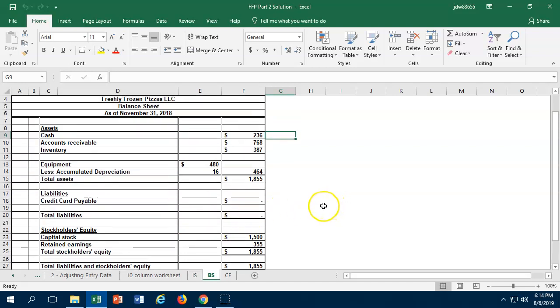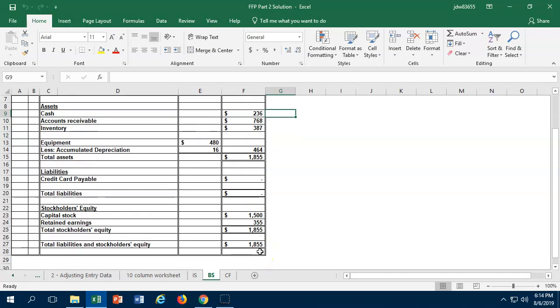Wouldn't you have rent payable on yours? Yeah, because of the rent expense. But on the balance sheet, did you have a rent payable?